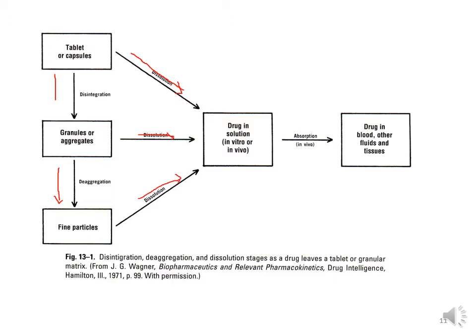Once the drug is in solution, it will be absorbed into the blood and other fluids and tissues. Frequently, dissolution is the rate-limiting step in the absorption of drugs with low solubility, mainly in the biopharmaceutics classification system for class 2 drugs.